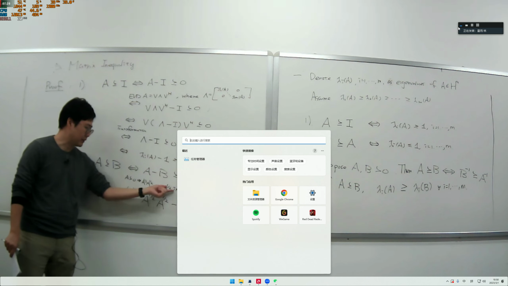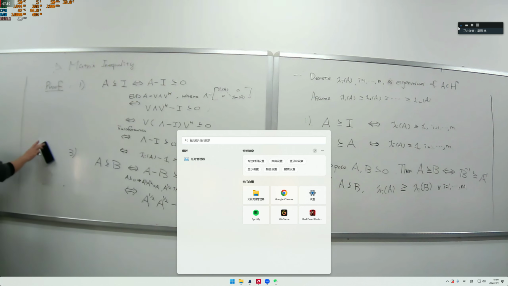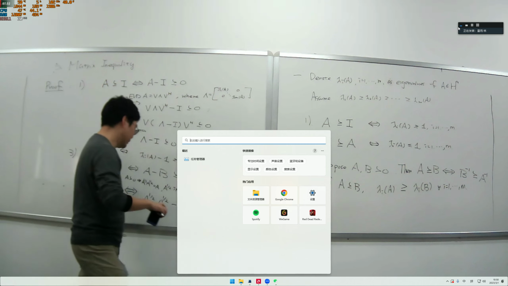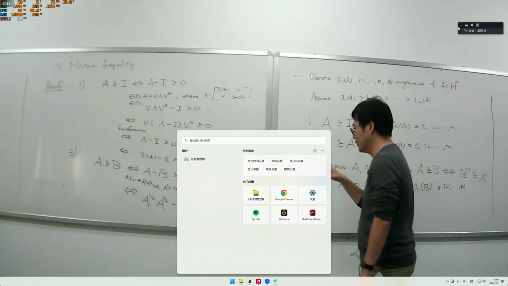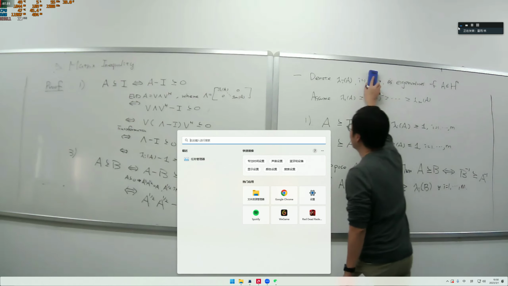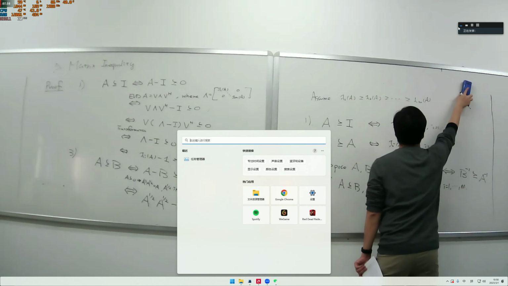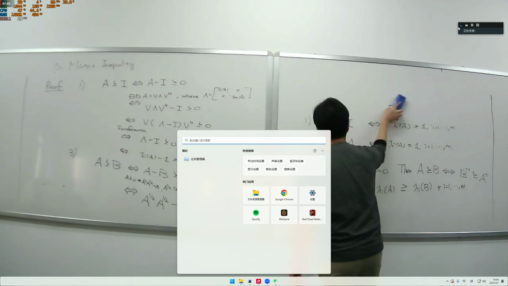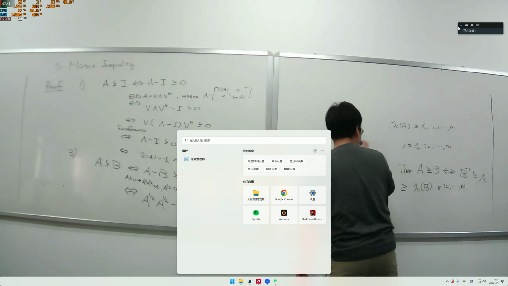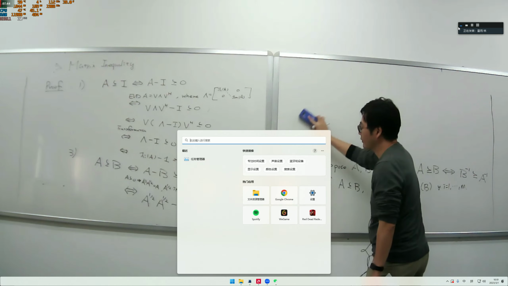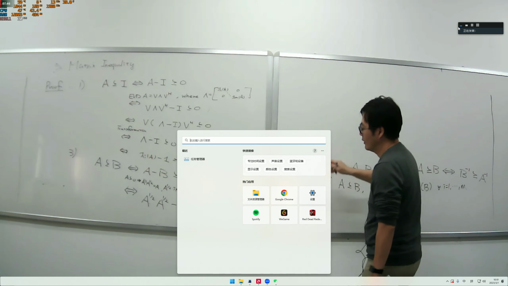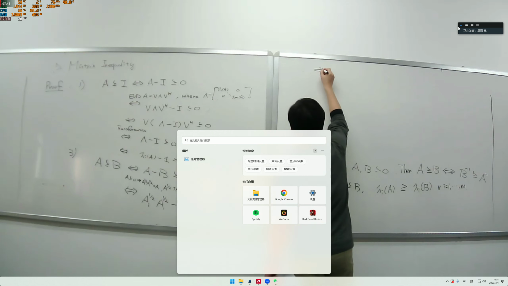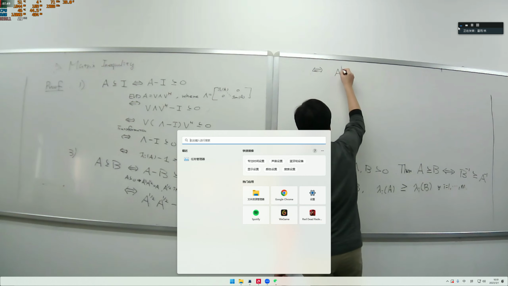Its determinant is non-zero, so it must be invertible. So A square root is invertible. Okay, so we can write in this way.